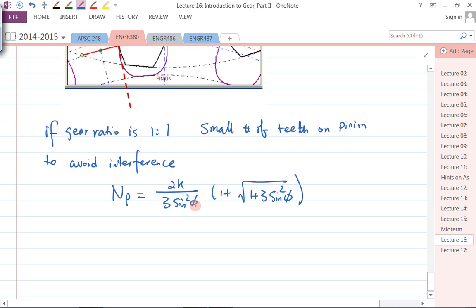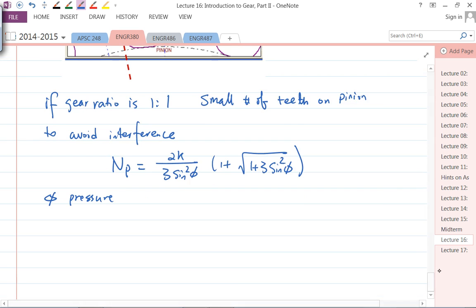The phi here is the pressure angle, okay, and the K here is a value corresponding to the type of teeth. You know, whether you have full tooth or stub tooth. Okay, and for full tooth, which we generally use in our case here, the K is just equal to 1.